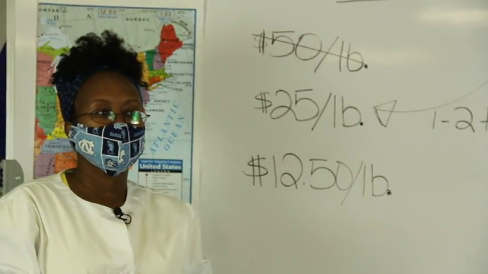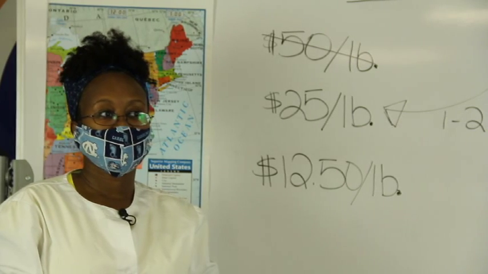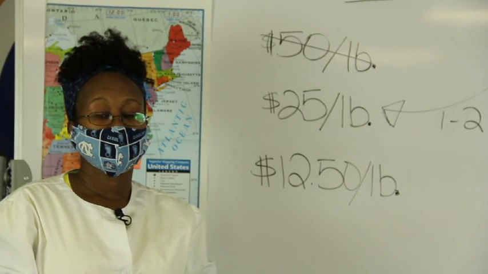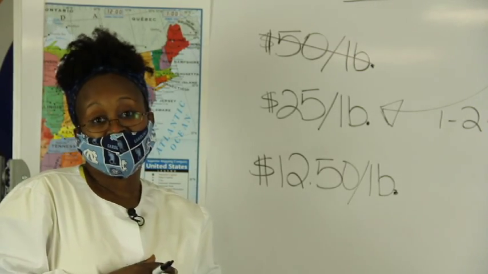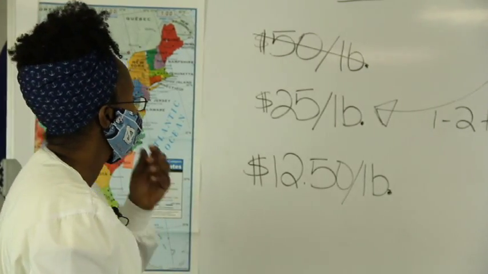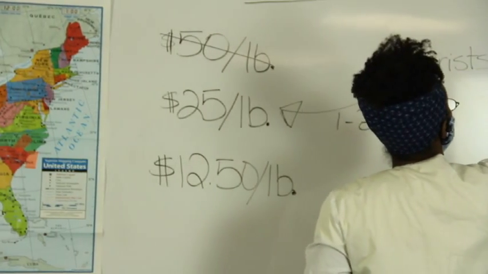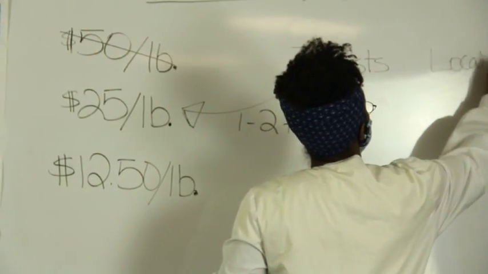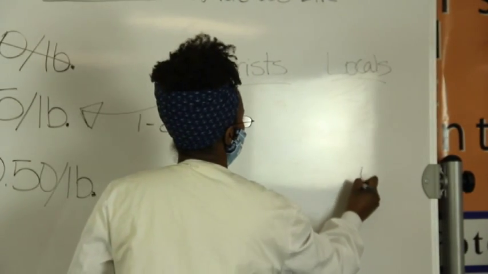Do you think the locals might buy it? What do you think, locals? You know, I'm a local, so I might buy it. Let's say the locals, let's see where we can put the locals. We'll put them over here. Let's say the locals buy 1 time.